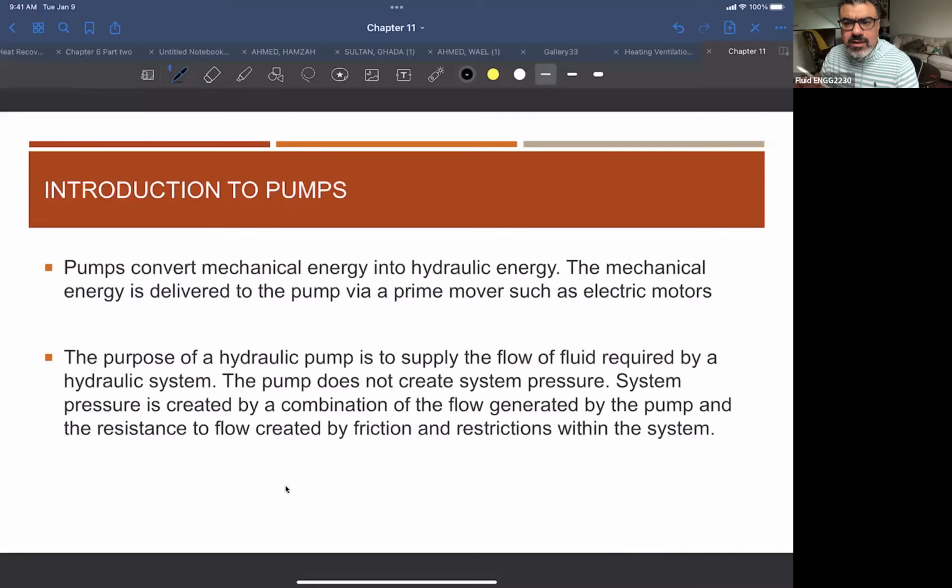So you can look at fluid flow in a system the same way. The pump is providing the ability to create pressure in order to move fluid, okay? That's why the resistance in the piping system is what creates the pressure. If you have no resistance, that means you have no pressure. If you have a pump and the exit of the pump is open to atmosphere, you are not going to see any pressure build up, okay?